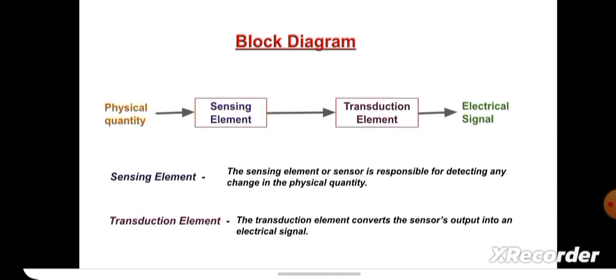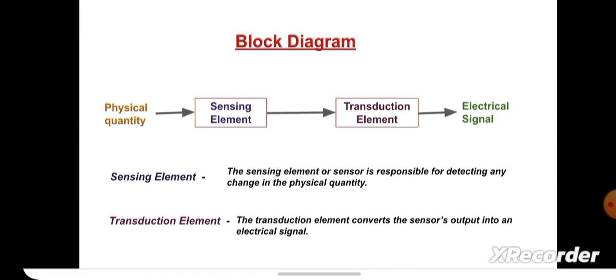So let's have a look at the basic block diagram of a transducer, which basically consists of two important elements. First is the sensing element and next is the transduction element. The physical quantity which is being measured is first applied to the sensing element, and this sensing element is nothing but a sensor which is responsible for detecting any change in the physical quantity, whereas the transduction element basically converts the sensor's output into an electrical signal.